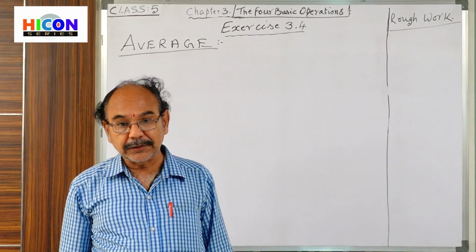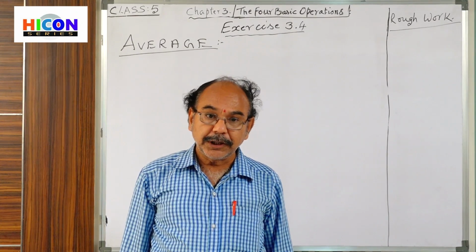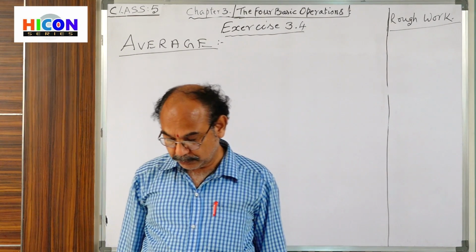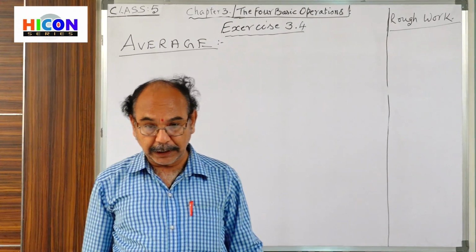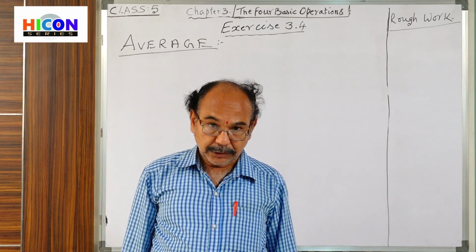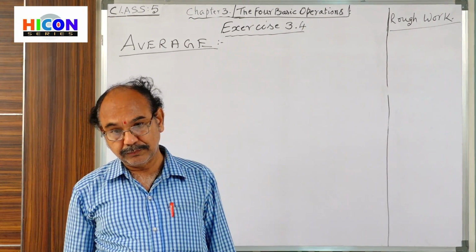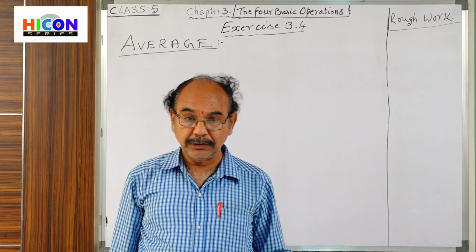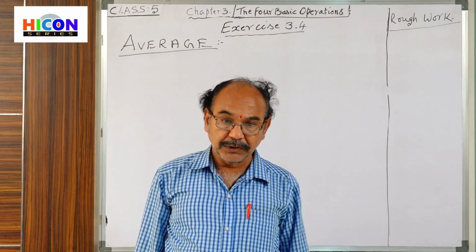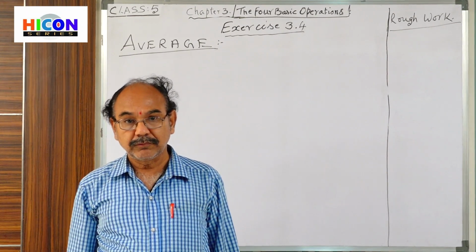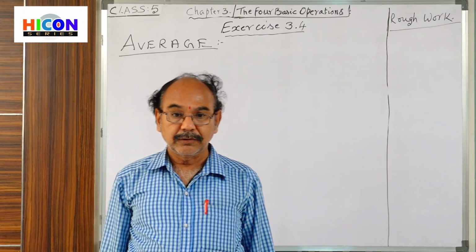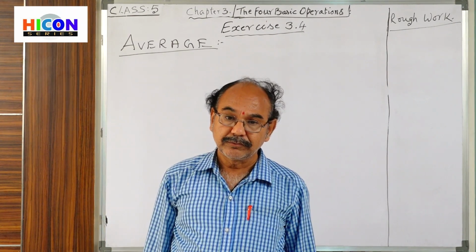Suppose in your class there are 3 students. Suppose only 3 students are there in a small class. The 3 students' marks are given. Okay. Now you do one thing.